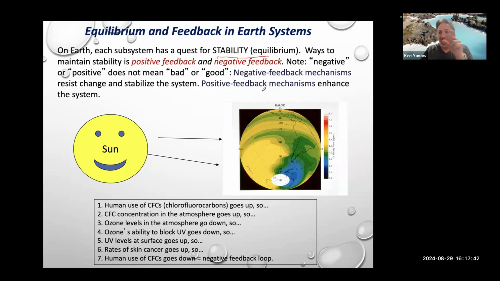And I really want to make sure that we understand that negative and positive does not mean good or bad. Negative simply means that there's a resistance to change to stabilize the system. Positive is, again, something to enhance the system. So let me give you a really good example. And we'll start here.